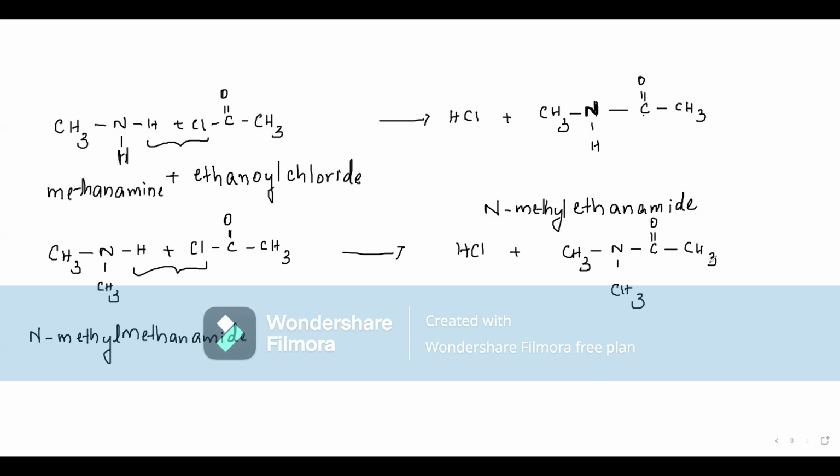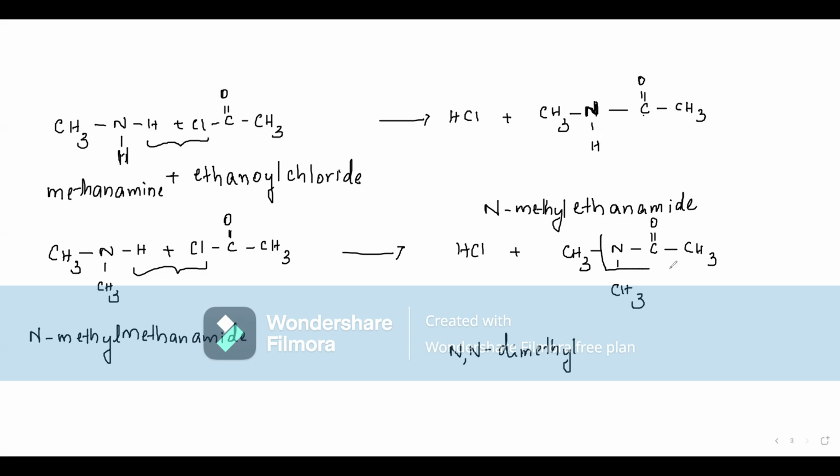Here, while naming, look for the nitrogen. Check how many groups are there on nitrogen. We have 2 groups. Both of them are methyl groups. So this is N, N-dimethyl. There are 2 methyls on nitrogen, N-methyl as well as one more N-methyl, N, N-dimethyl.